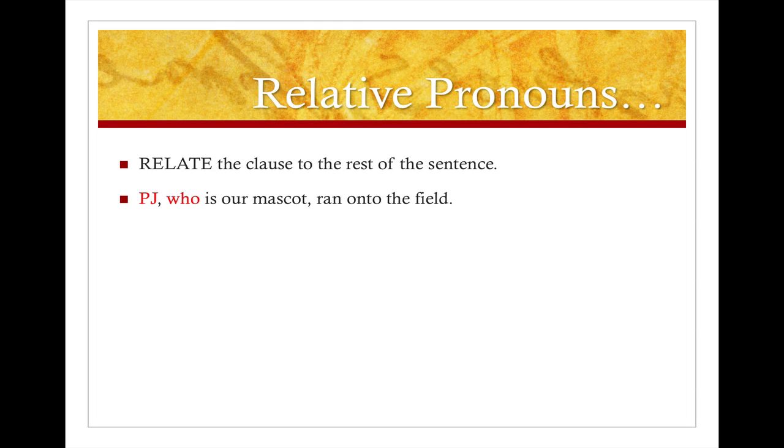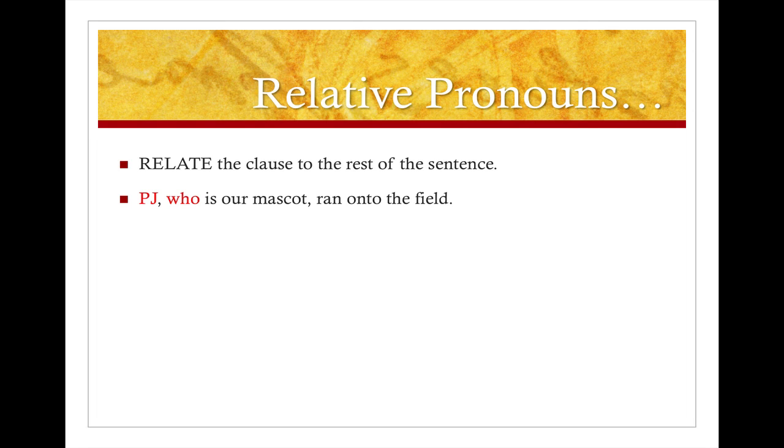Here's an example. Because the word who refers to a word in the other part of the sentence, in this case, PJ. See, PJ ran onto the field. Remember, that's the independent clause. So this little word who in the subordinate clause is relating back to a word in the independent clause. So it's relating the two together.